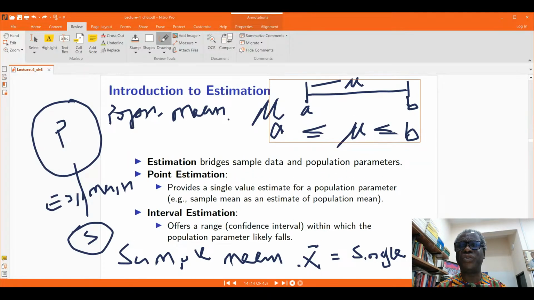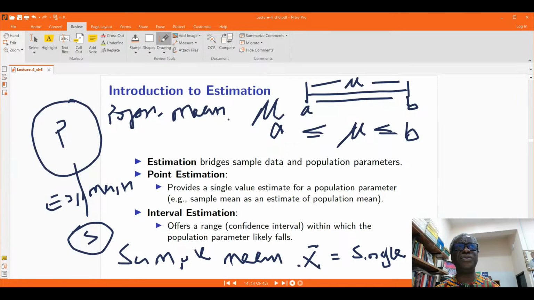So between A and B, you are saying the unknown population value lies between A and B. So you are no longer using a single value, but rather a range of values.